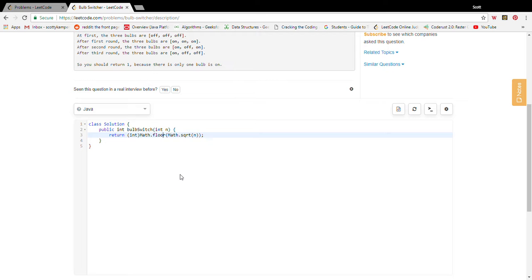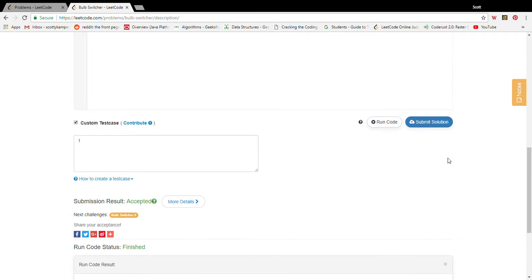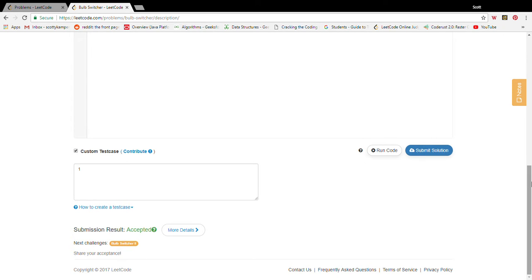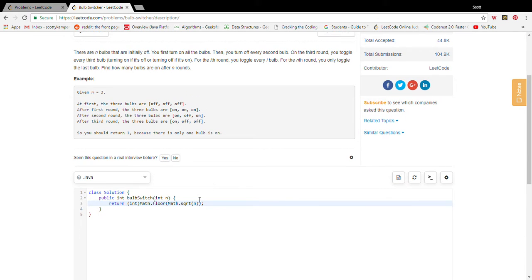Floor has two O's in it. Let's see how that works. Alright, so it compiles. Let's see if it will actually be an accepted solution. And it is. So that is a one-line solution to this problem.